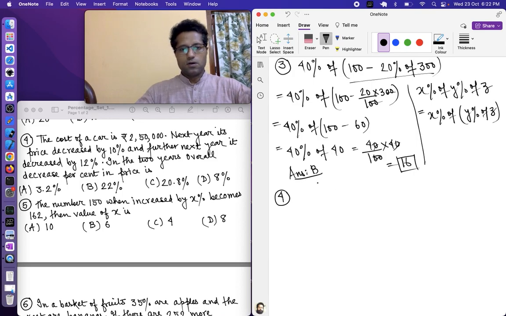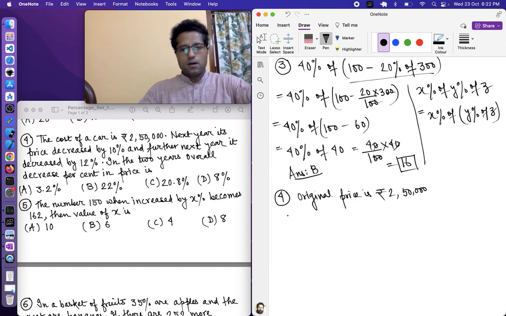Okay, so the original price, it is given, is rupees 2,50,000.